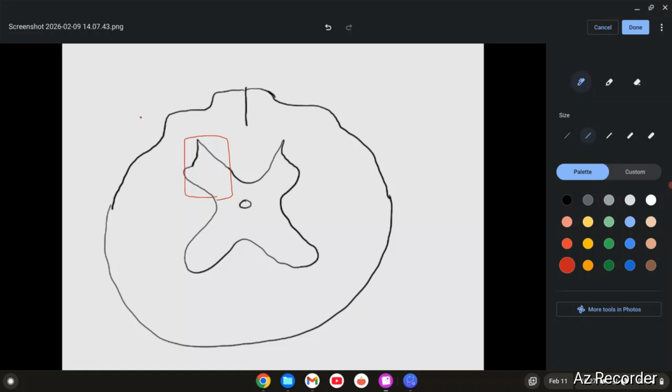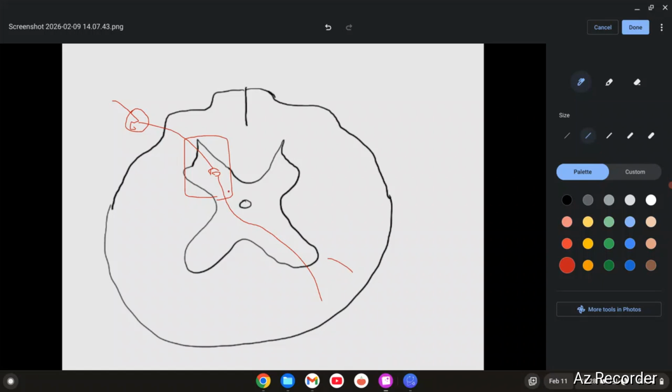You have a dorsal root ganglion here, and in this ganglion there is the cell body of the first order neuron. It synapses over the second order neuron present in your dorsal horn of spinal cord. Now this neuron right here crosses over and forms the anterior and lateral spinothalamic tract.